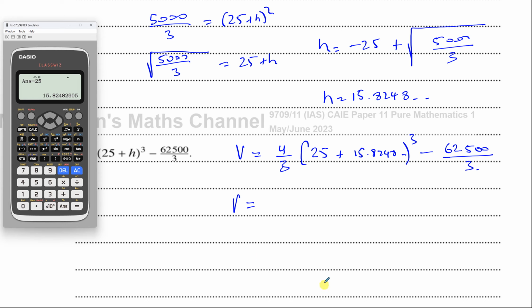So let's see what that gives us. I've saved this answer, it's the last answer in my calculator, so when I press answer, that will come up. I'll put 4 over 3, then bracket, 25 plus the last answer, close bracket to the power of 3, and then minus 62,500 over 3.